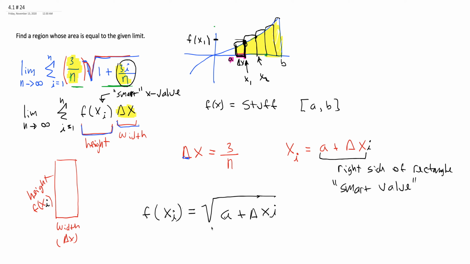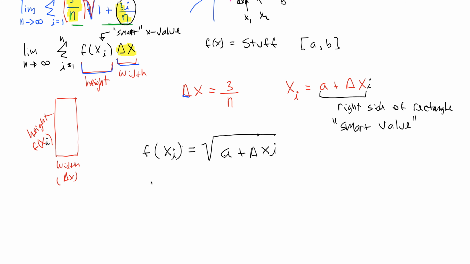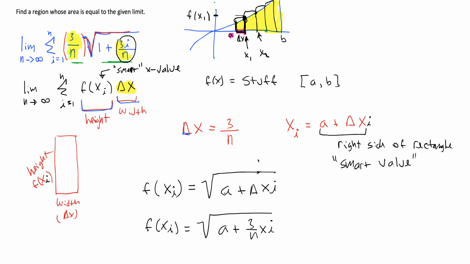Well, what's delta x? Delta x is 3 over n. So let's say f of x sub i equals the square root of a plus delta x, which is 3 over n, times i. Well, that looks a lot like this right there.